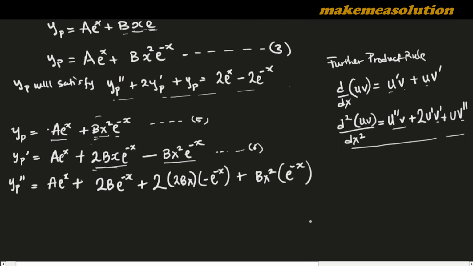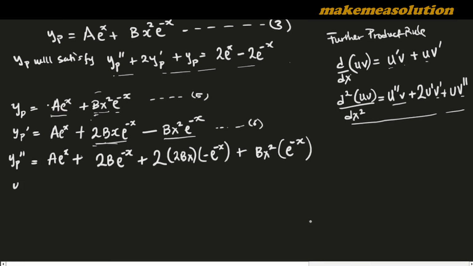So you can now simplify your yp prime prime to be a exponential x plus 2b exponential minus x, and when you expand this, you're going to get minus 4bx exponential minus x, and plus bx squared exponential minus x. So this is what we have for our yp prime prime.